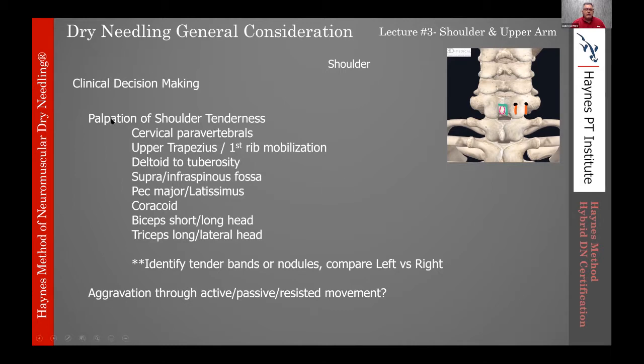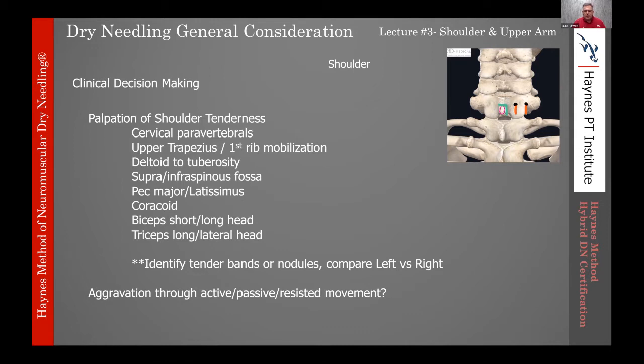We want to palpate further laterally down to the deltoid tuberosity, both in the deltoid and on the tuberosity itself. We want to palpate through the supra and the infraspinous fossa, so we can run across the fibers of those muscles and palpate for any significant bending. A little bit harder to find it in the supraspinatus.